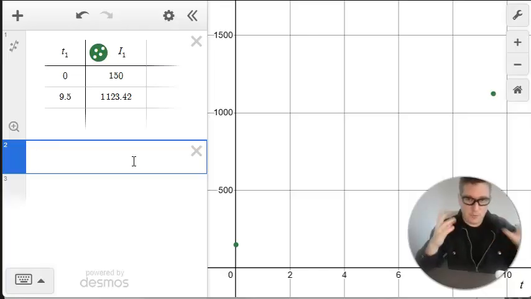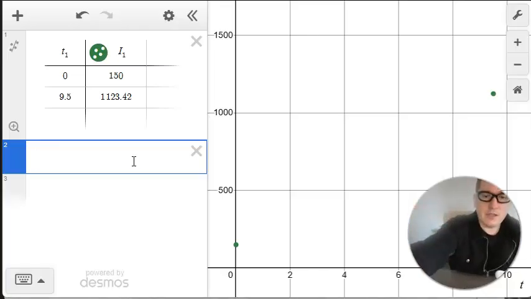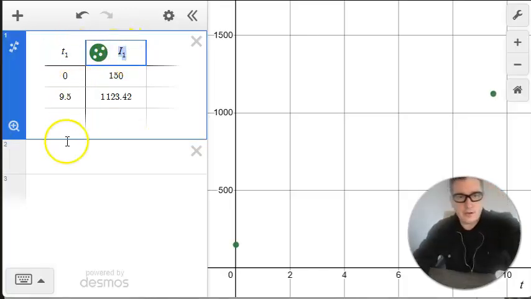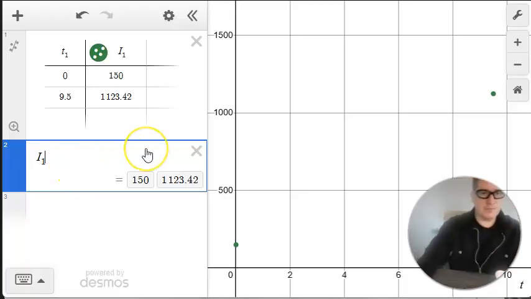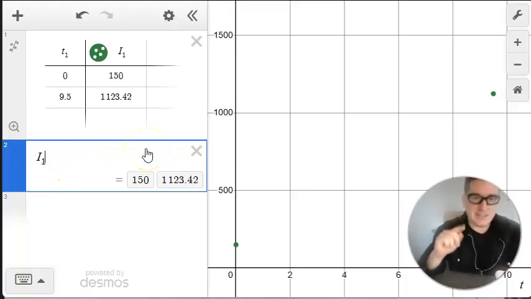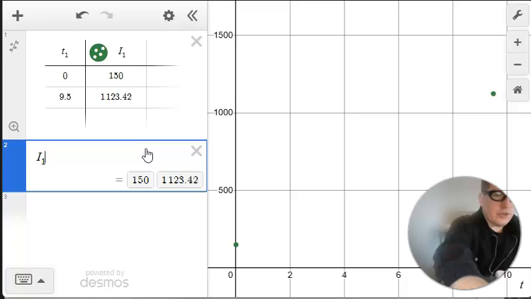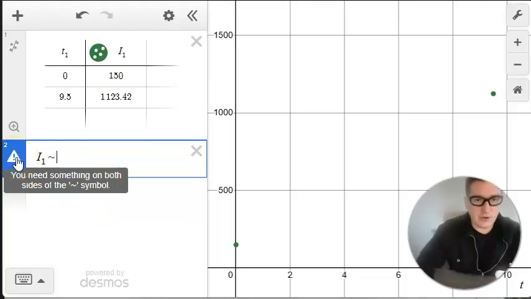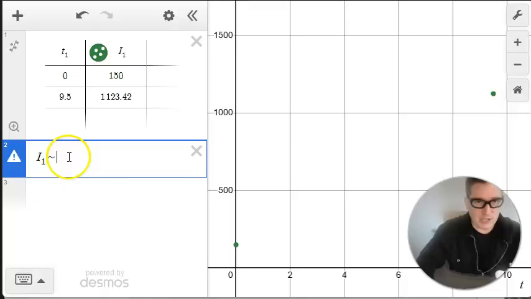Maybe there's a formula that you want to use instead. Okay, so to do it, you have to use the names as they are written up here in that table. I have I1. And instead of using an equal sign, you use the tilde, this little curvy equal sign. That tells Desmos that you're about to do a regression.